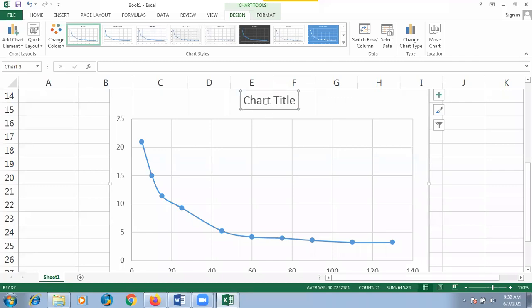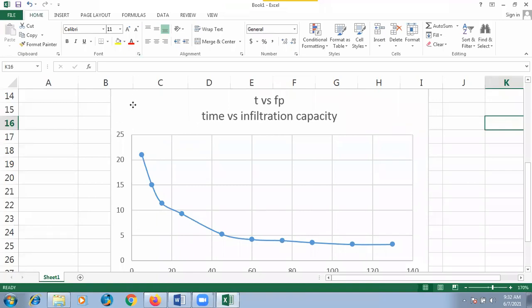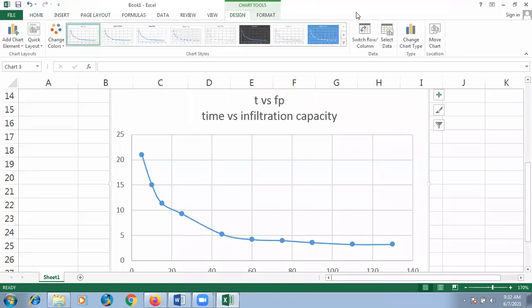This is a graph of t versus small fp, that is, time versus infiltration capacity. Okay, then the axis titles need to be given. So you may have to talk in terms of axis titles.